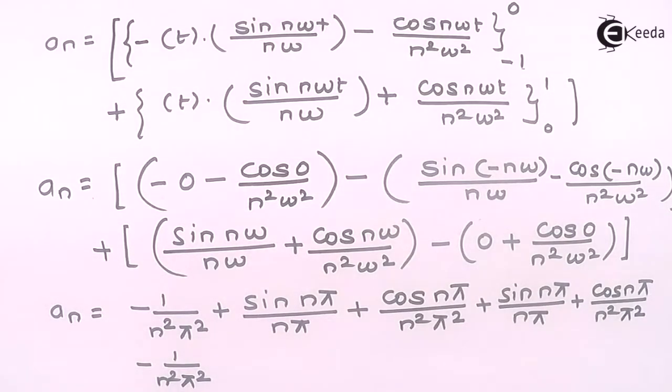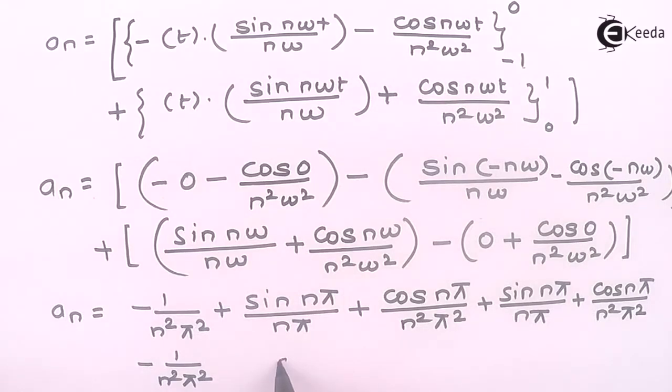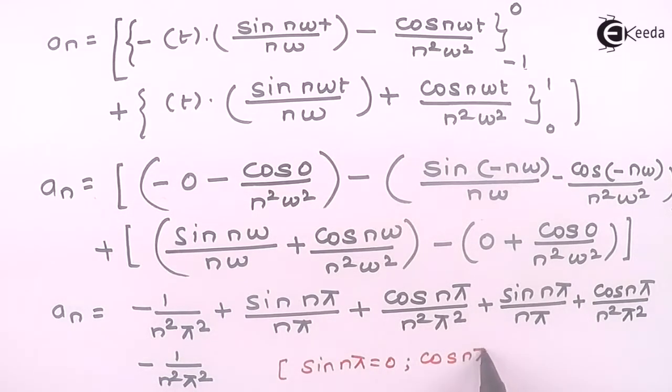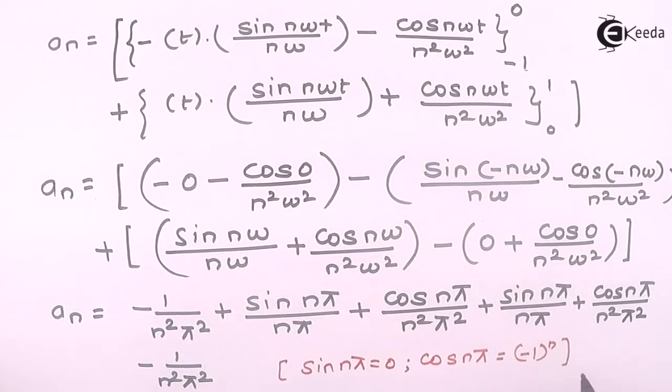Now we know sin n pi is 0 for any integer n, and cos n pi is nothing but minus 1 raised to n. So let's substitute over here so that this will become 0, this also becomes 0, and this becomes minus 1 raised to n, minus 1 raised to n.